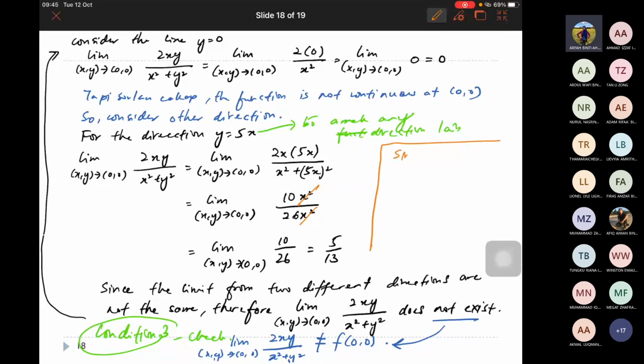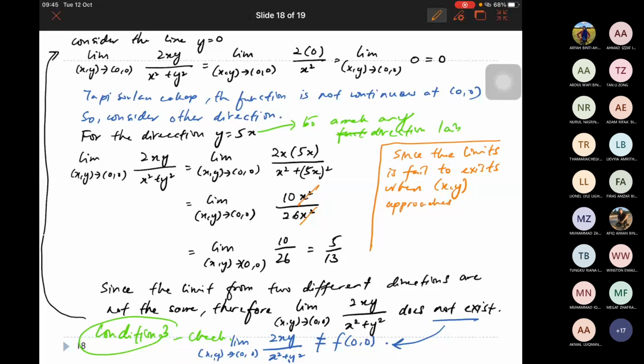Since the limit is fail to exist when xy approaches to 0, 0.